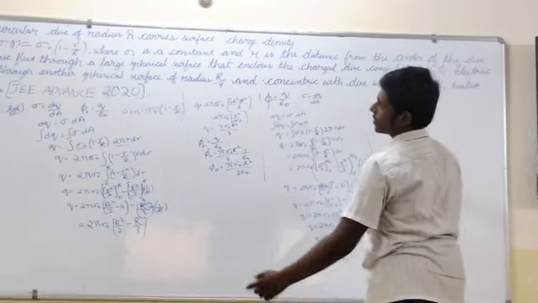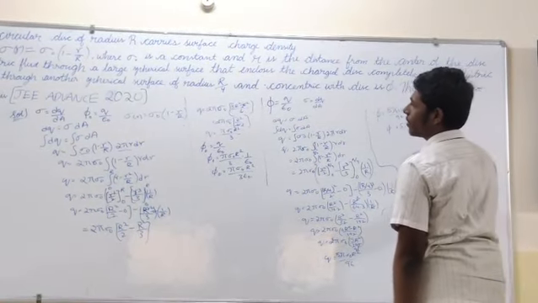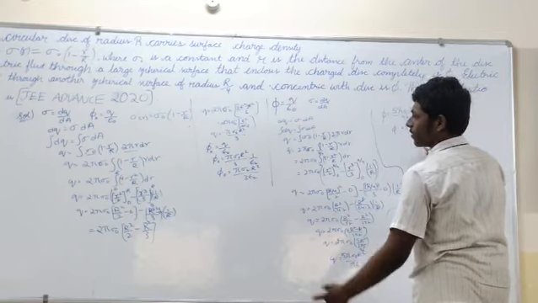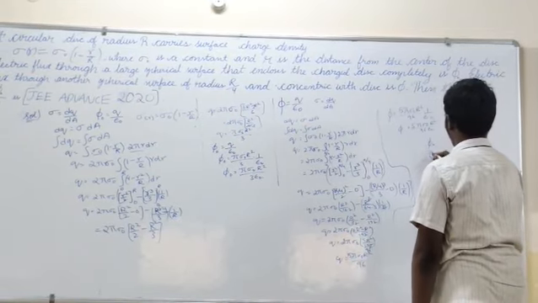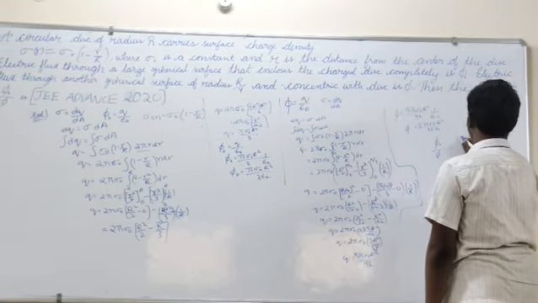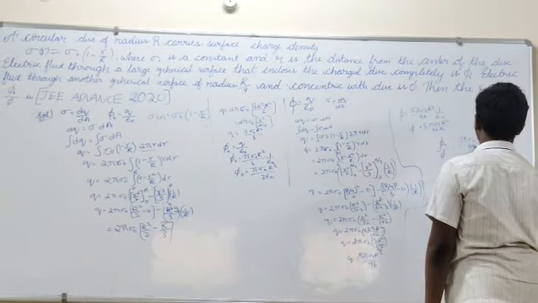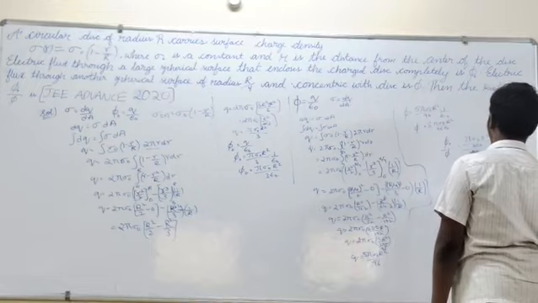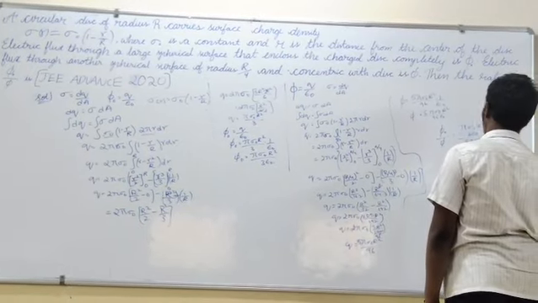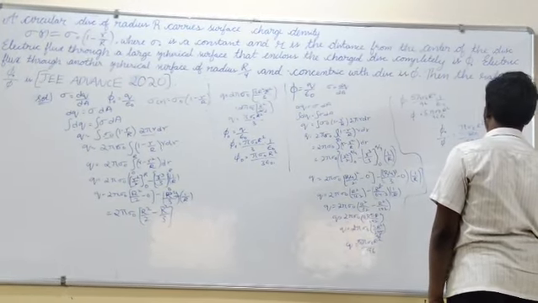So the final answer is the ratio of phi naught by phi. Phi naught is pi sigma naught R square by 3 epsilon naught, divided by 5 pi sigma naught R square by 96 epsilon naught.